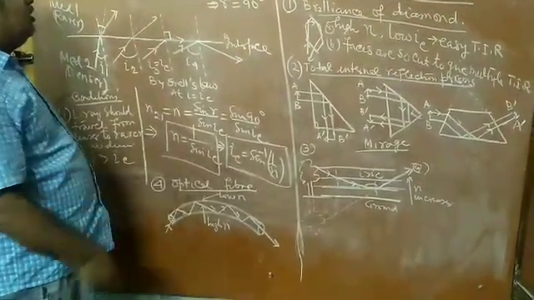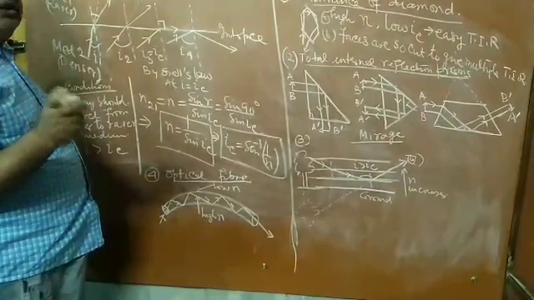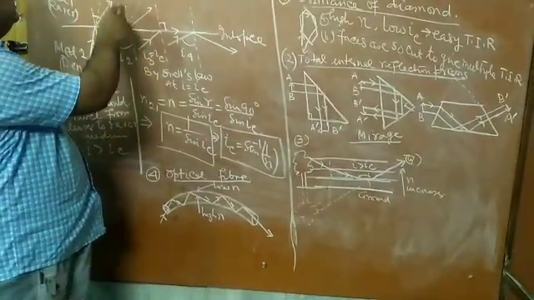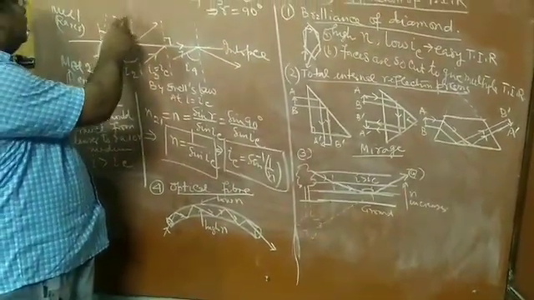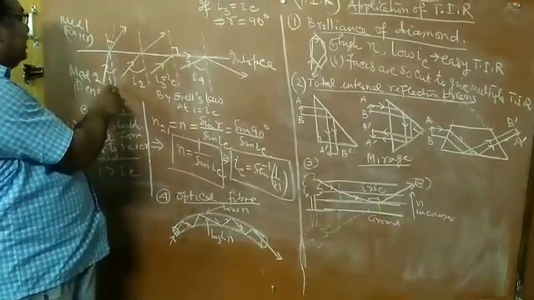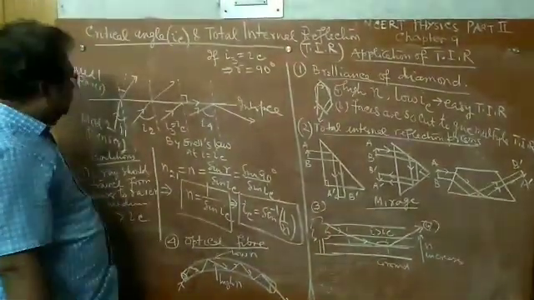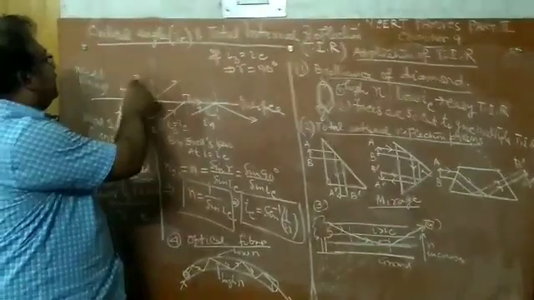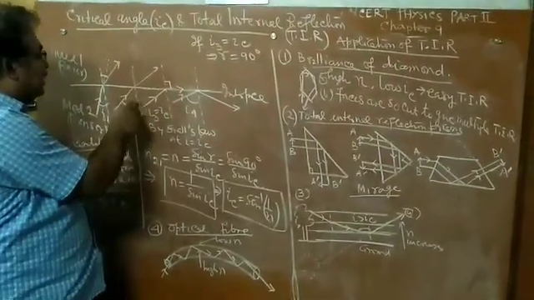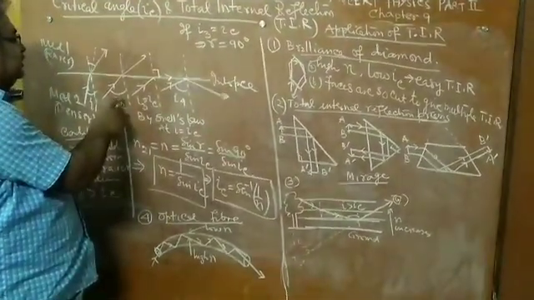Now by Snell's law, when a light ray travels from denser medium to rarer medium, it will bend away from the normal. So this is the first angle of incidence I1. It is bending away from the normal and gradually we are increasing the angle of incidence.